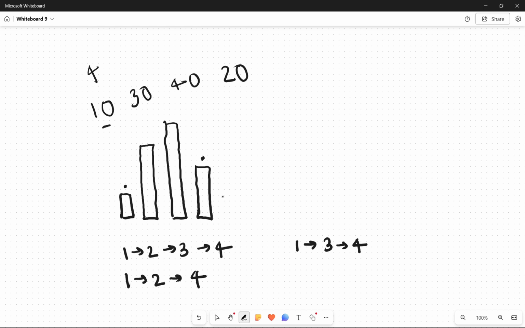This is the first path. Let us label this as the second path and this as the third path. In the first path, going from 1 to 2 incurs a cost of 20. From 2 to 3, it incurs a cost of 10. From 3 to 4, it incurs a cost of 20.